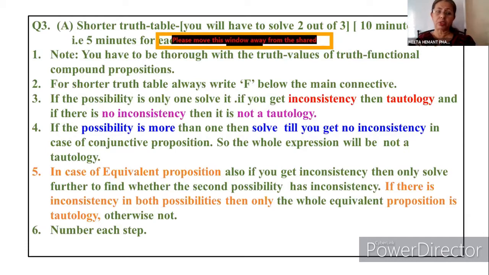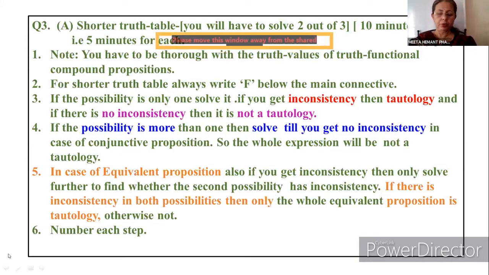Many a times students forget to number the steps, which is very important. Then many a times the students also forget to mark the inconsistency. This is also very important. If you get inconsistency, you are supposed to mark that inconsistency.